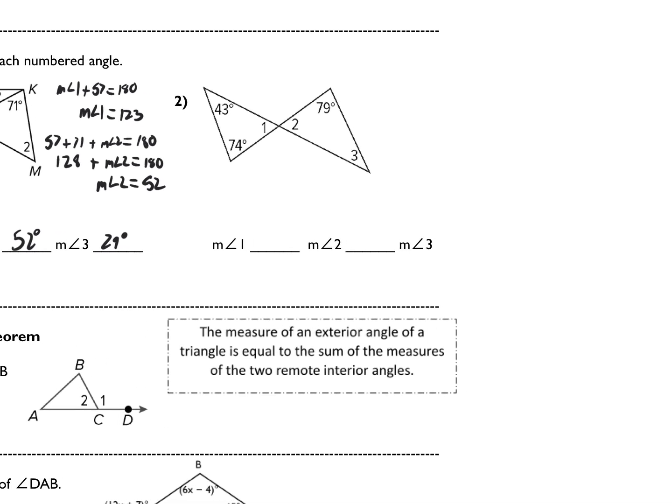So looking here at these next two triangles, we have angle 1 to solve. We know that those angles are going to add up to equal 180, so 43 plus 74 plus the measure of angle 1 is equal to 180. 43 plus 74, so that's 117.